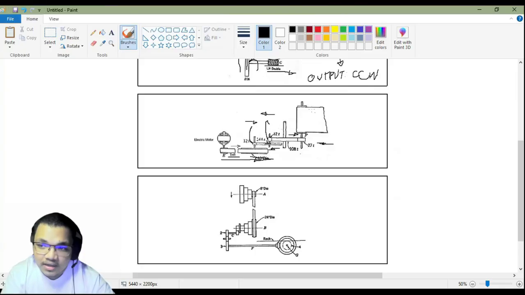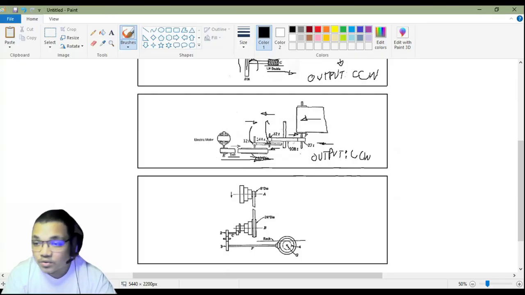Thus, getting the main output of this whole contraption. Let's say this is a tissue paper. The tissue paper roller is rolling the tissue paper to the left or counterclockwise. So we can say that the output here is counterclockwise.